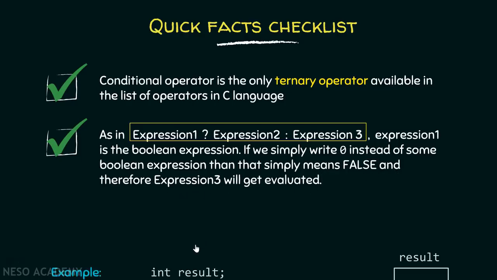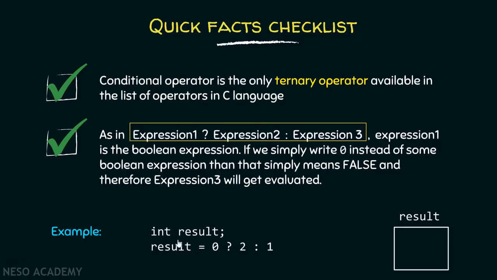For example, let's suppose I declare a variable result equals 0 question mark 2 colon 1. Here please note down this point. Here instead of writing a Boolean expression, I simply provided value 0. 0 means false, therefore 1 will get stored inside this result variable. Therefore, result variable now contains value 1.